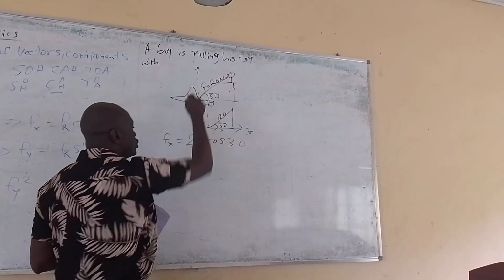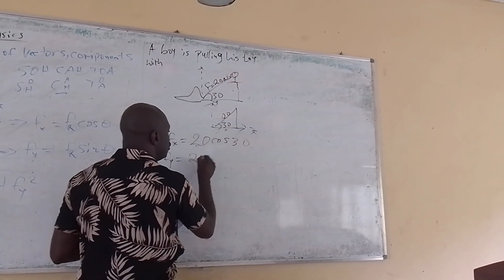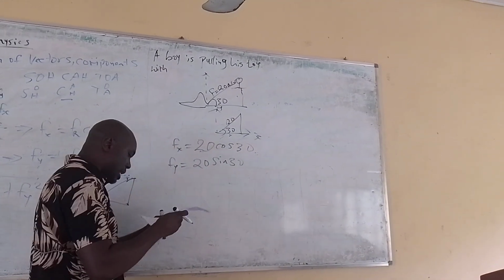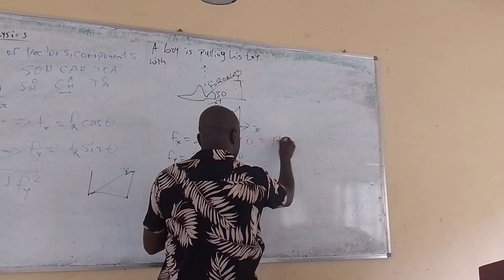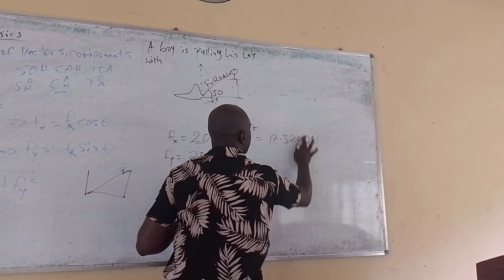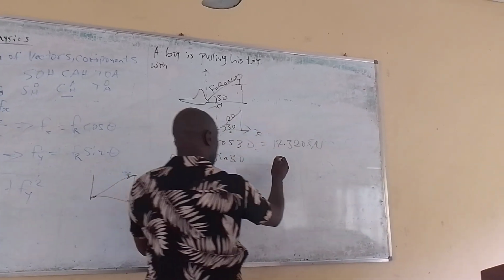Then going this way will be Fy, which is the same 20 sine 30. Whatever you press there will give us the value. This one will give us 17.3205 Newton.